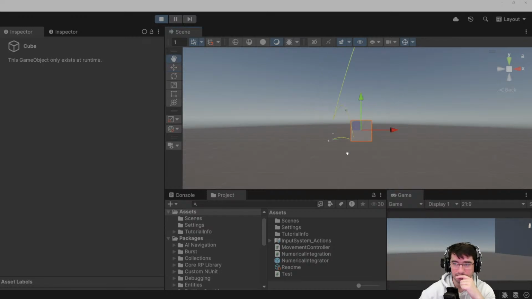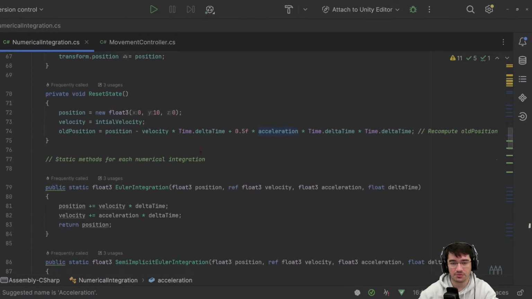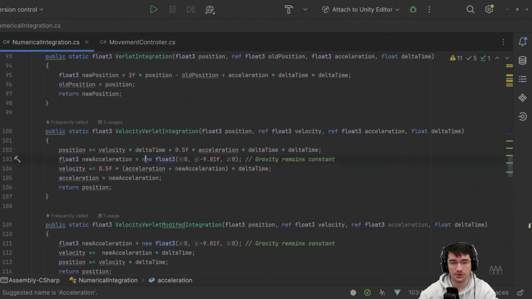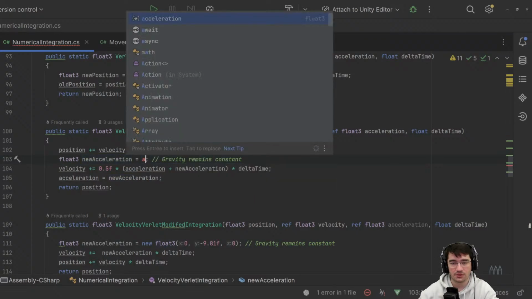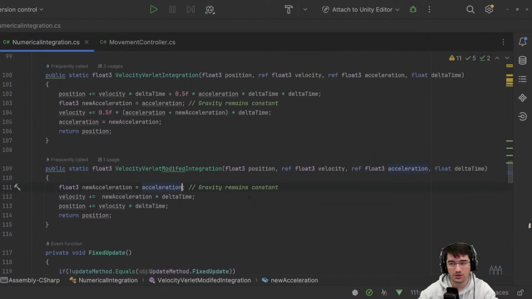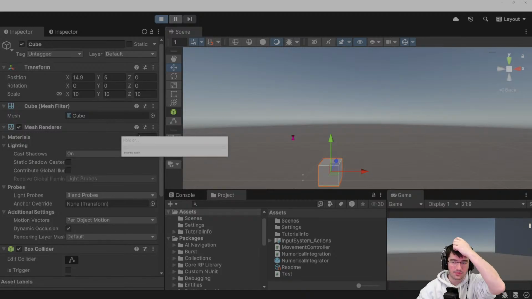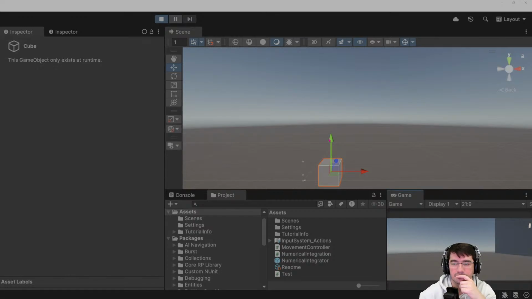And it's not. And that's because this one is not applying the correct acceleration. Again, and that's 10.